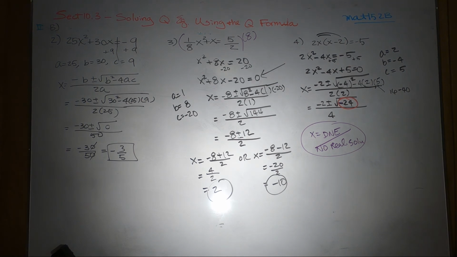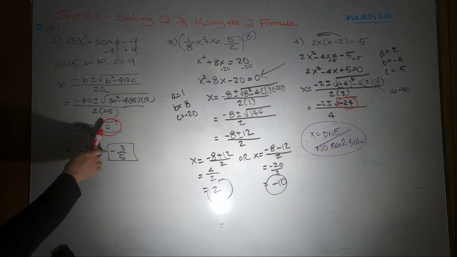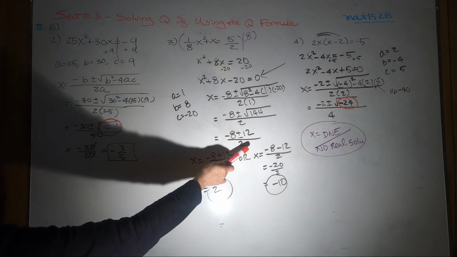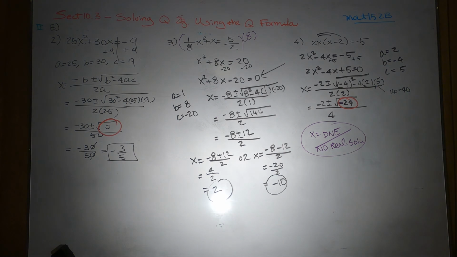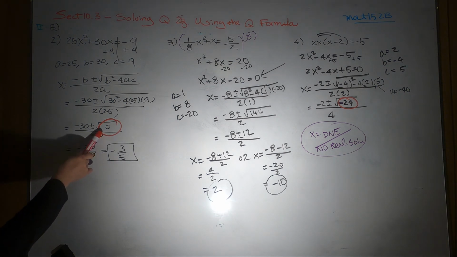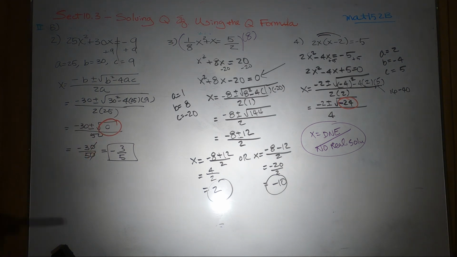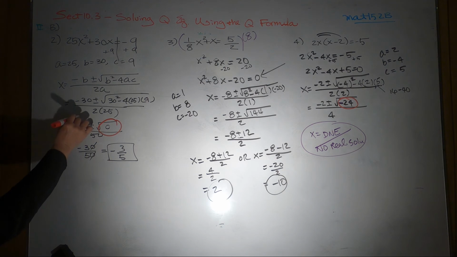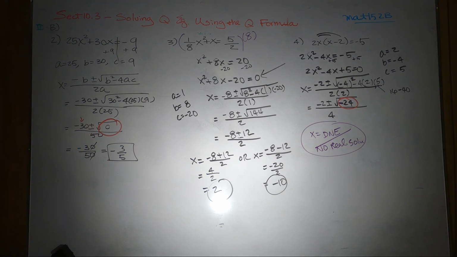So when the inside is 0, because of the plus minus, you end up with what? With two different numbers, you have two answers, right? However, if the inside is 0, square root of 0 is 0, then your plus minus sign is gone. You only have one answer here, right?